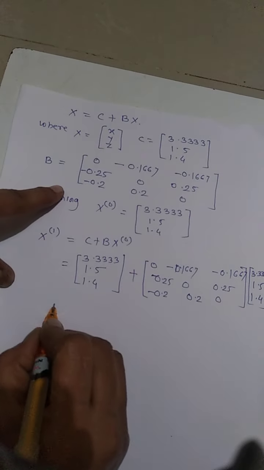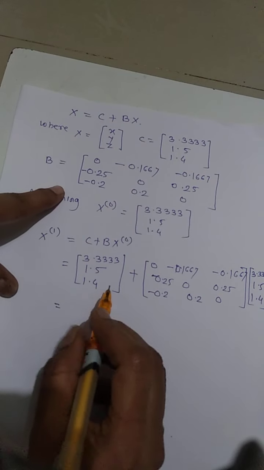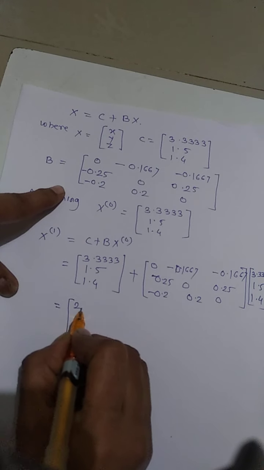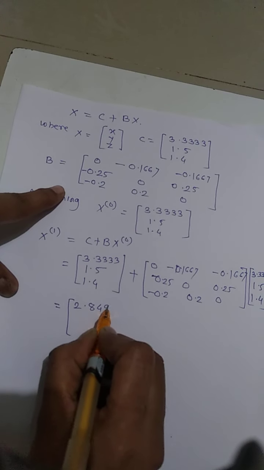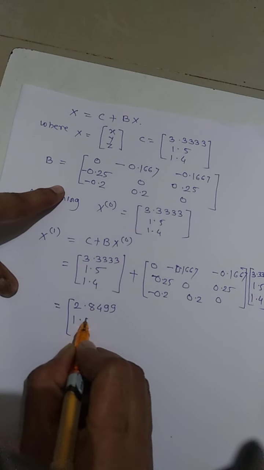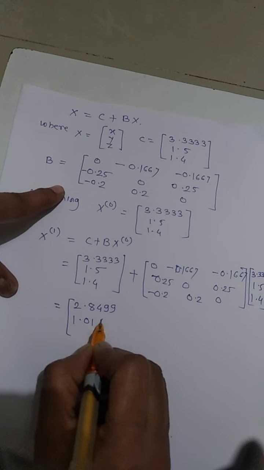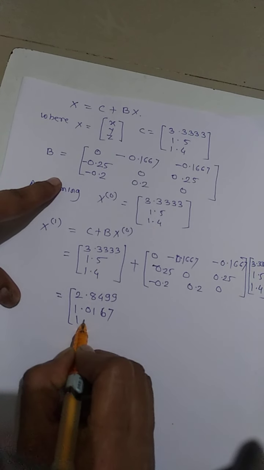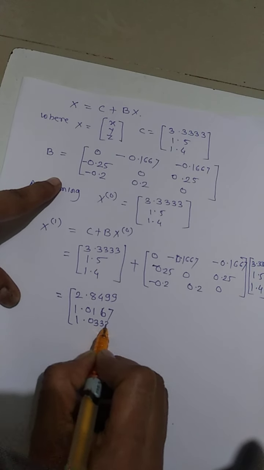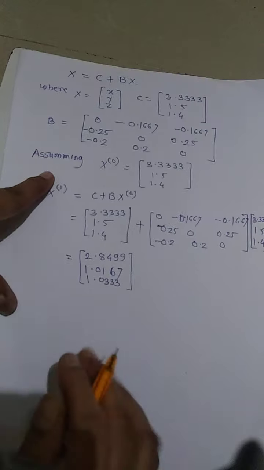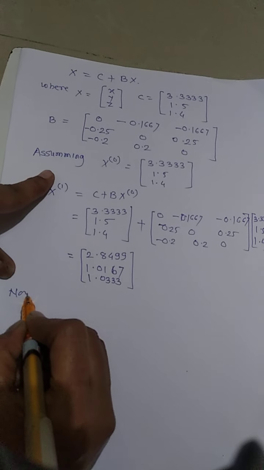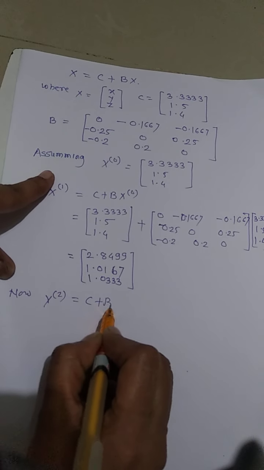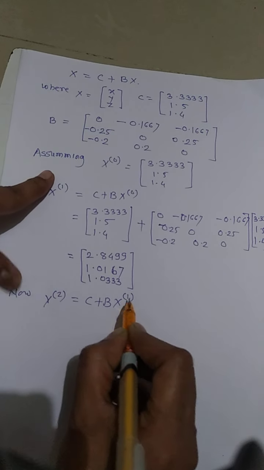Then after calculating this matrix, we get 2.8499, 1.0167 and 1.0333.